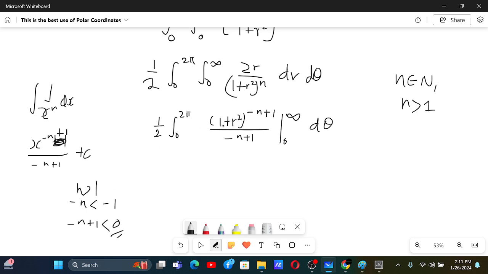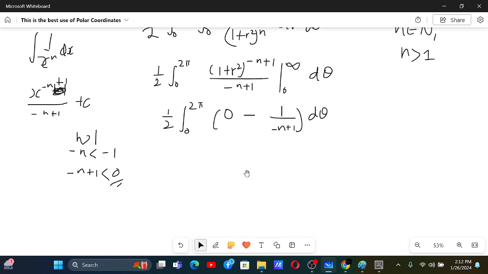This is negative. And if r is infinity, infinity to the power of a negative number will be 0, yeah. So you need to consider that fact. And minus at 0, this will just be 1, and 1 to the power of anything is just 1, and over here it's minus n plus 1, d theta.